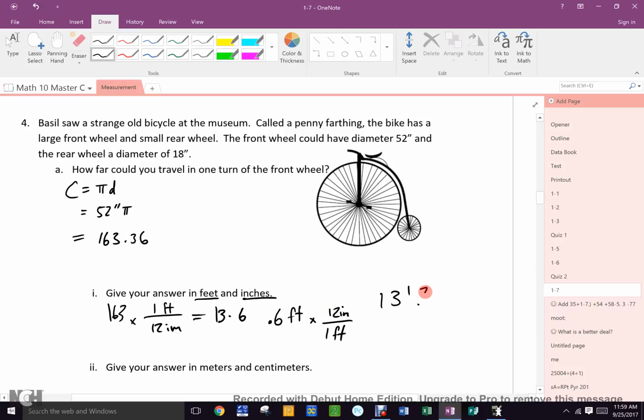Which is 7 inches. If you have anything close to 13 feet, 7 inches, you have done the math close enough to make me, your math teacher, happy, because the math is the conversions, not how many decimal places you choose to use. Does everybody understand? Okay, so anything around 13 feet, 7 inches.